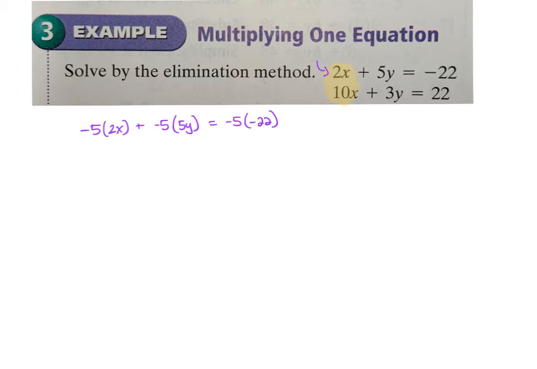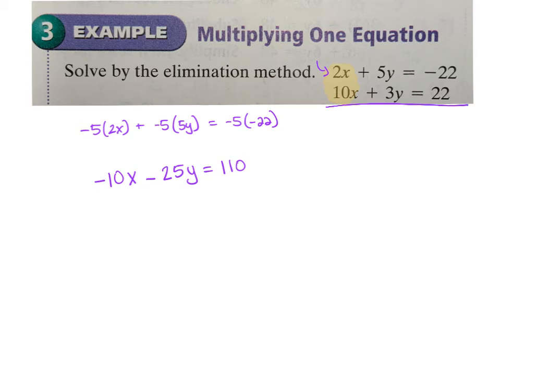So now that equation, it's the same equation, because remember, just like balancing, whatever I did to one side, I did to the other, it's still the same equation. It's going to look like this, -10x minus 25y equals a positive 110.